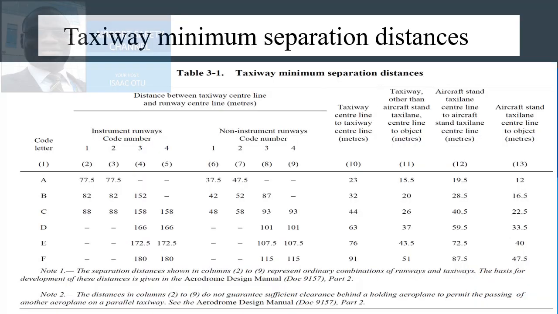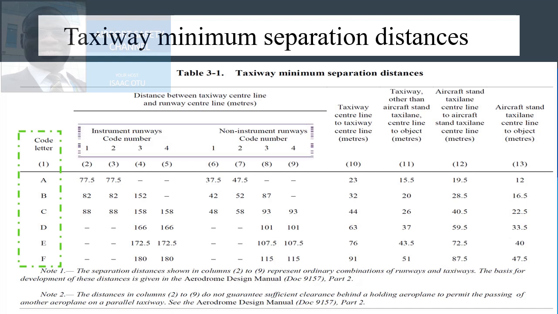As previously mentioned, Annex 14 has outlined the minimum separation distances required for all situations. However, when applying these standards, one must know the code letter of the critical aircraft, that is code A, B, C, D, or E. Also, the code number of runways is required for runway separation distances.